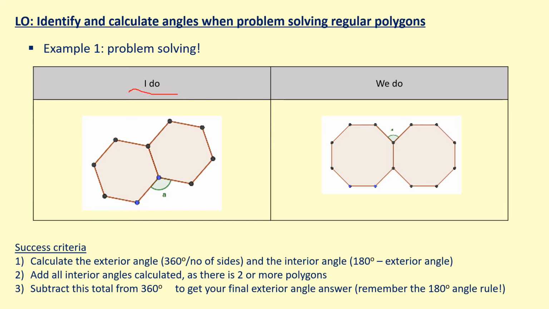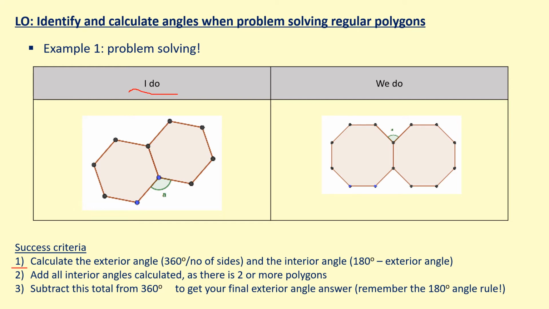So for the I do, we are problem solving, and we're problem solving because, as you can see in the image, we have 2 polygons here. It's asking us to identify one angle with the green line, and that is labeled A. How we do this is we guide ourselves with our success criteria as always.